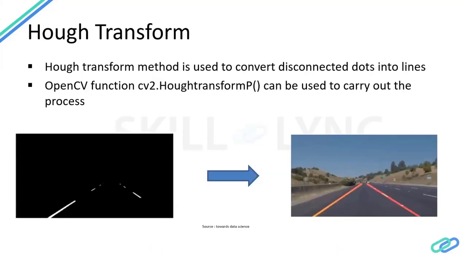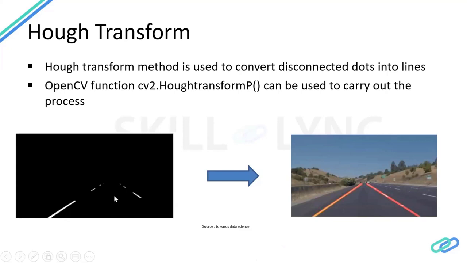Hough transform is one of the methods used to convert points into lines, into lines that are connected. So in this image, it looks like they're going to converge at one point, right?